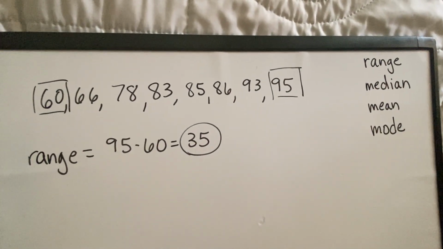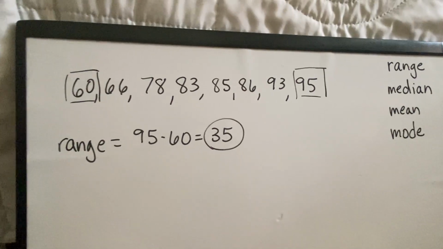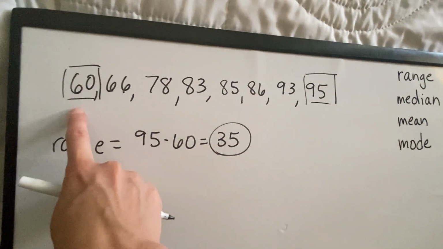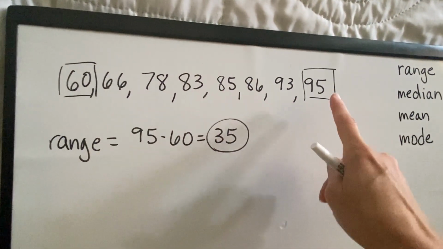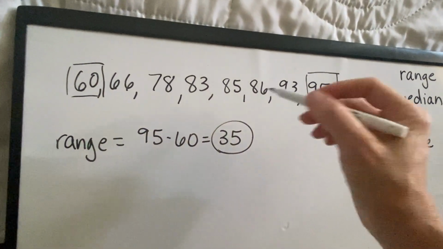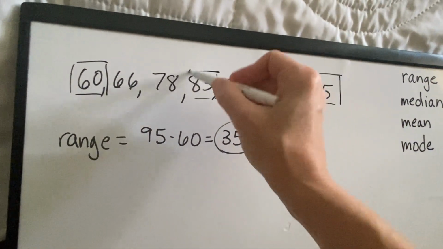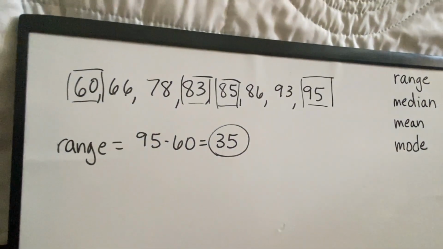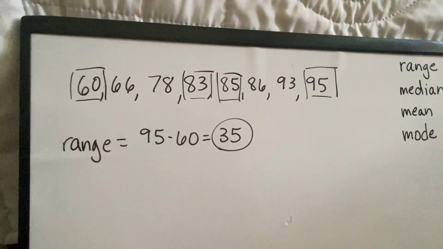Okay, let's go with the median next. We're looking for the number that's in the middle. So 1, 2, 3, 4. 1, 2, 3, 4. So you've got an 83 and you've got an 85. So you have an even number of numbers.